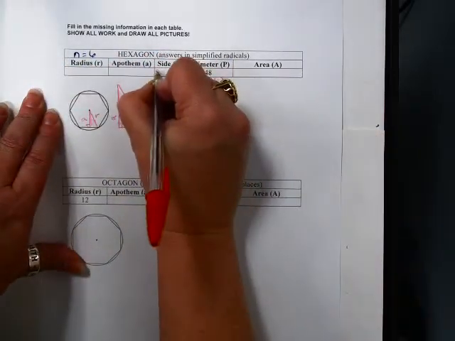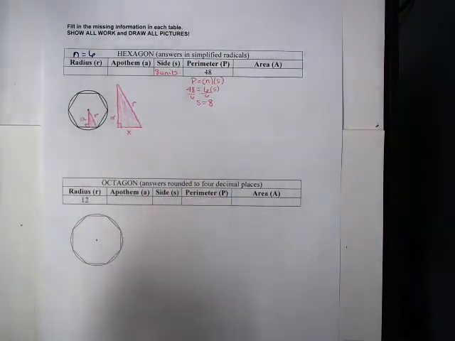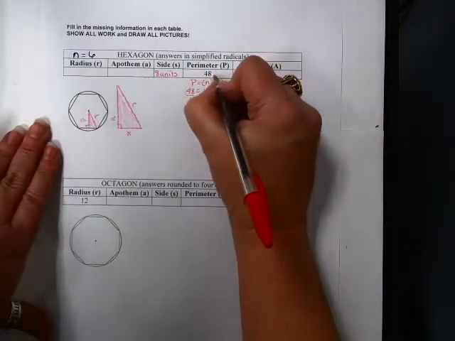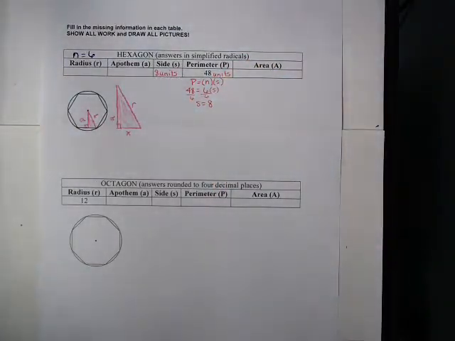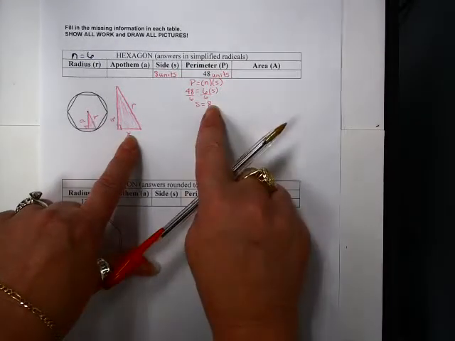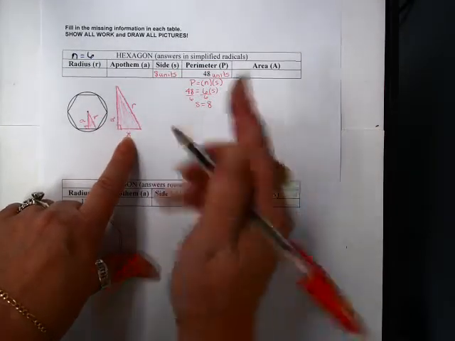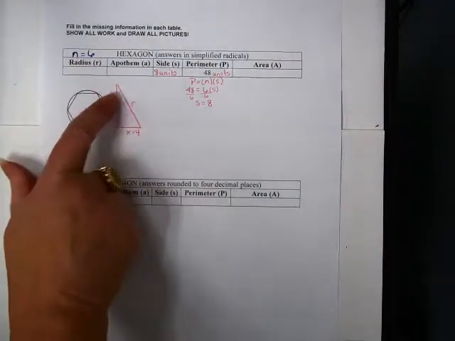So that will be 8 units. And by the way, this was 48 units. Okay, so to get x, which is right here, that's going to be half of the side, so this should be 4 units. Well, to get anything else in this triangle, I have to know what the angles are.